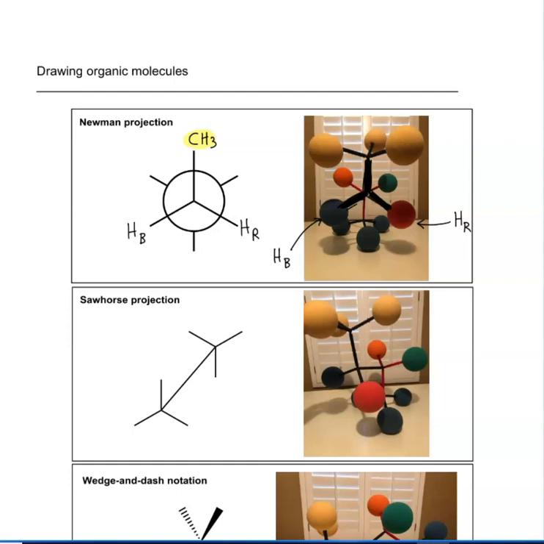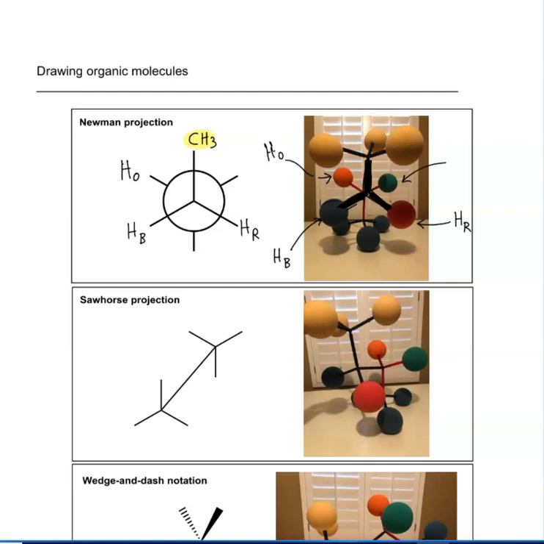And now we can focus in on the back carbon. It's a little bit hard to see, but the 3 bonds coming off of the back carbon, remember the bond between the front carbon and the back carbon is invisible to us in the Newman projection. The bonds coming off of the back carbon are red sticks in the model that I constructed. So here is an orange hydrogen. That's on the back carbon, so it's going to be this bond right here.